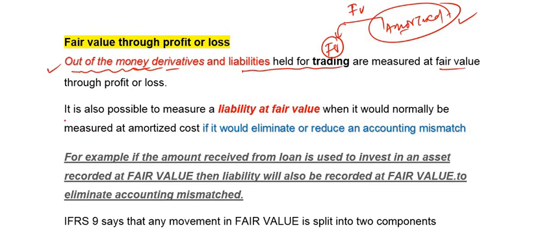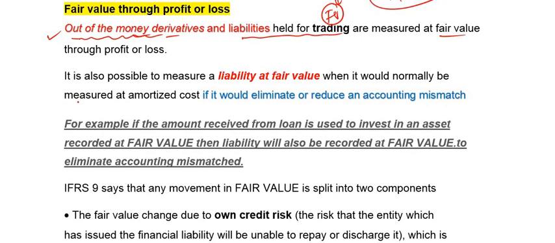The second thing is when you will measure a liability at fair value: when that liability is normally measured at amortized cost, but you have to eliminate or reduce an accounting mismatch, then you will measure the liability at fair value through profit or loss.